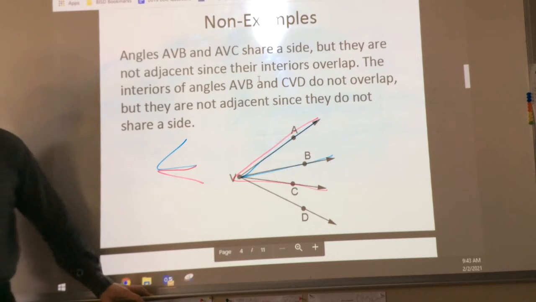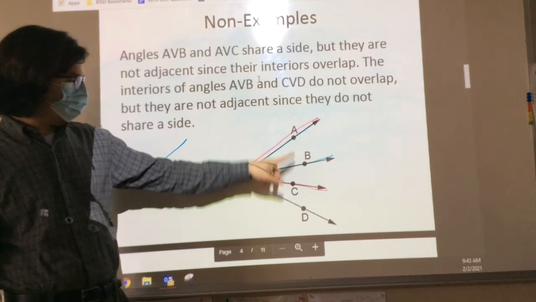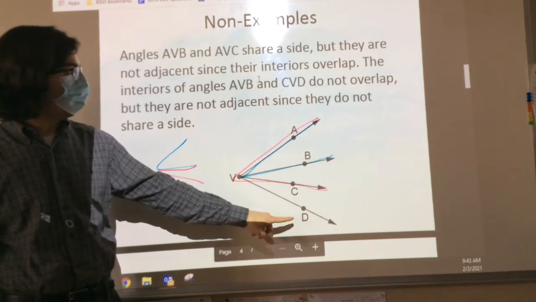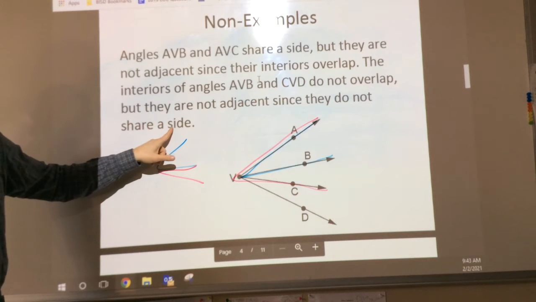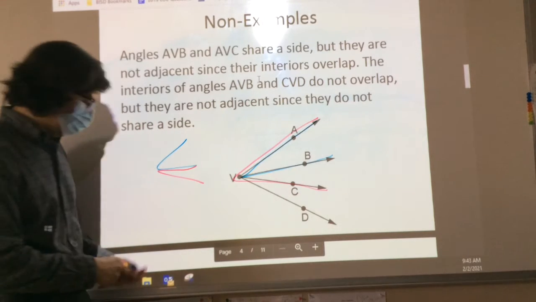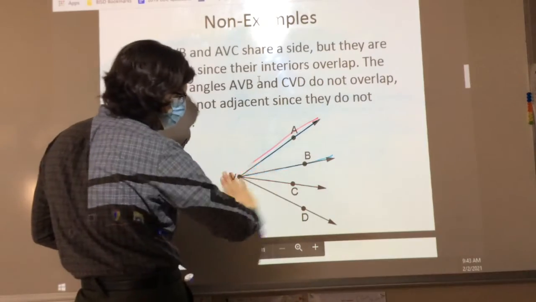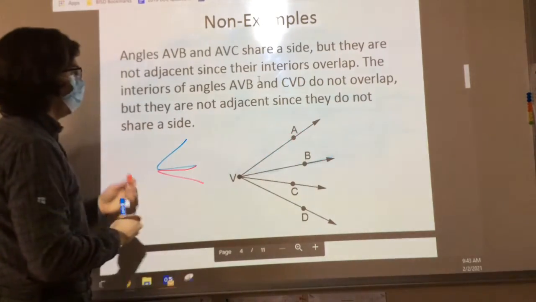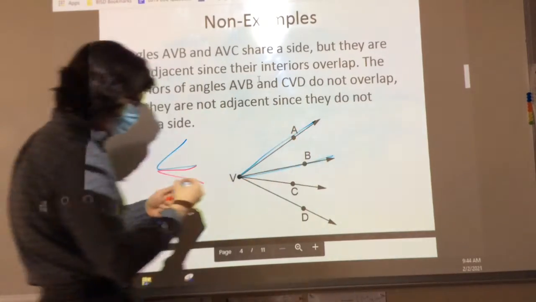Okay. It says the interiors of angles AVB and CVD do not overlap, but they're not adjacent since they do not share a side. So again, that's the opposite now. So if I took a third marker, actually I'm going to leave my blue ones here. So my first one, we're going to have AVB. Everybody's okay with that?